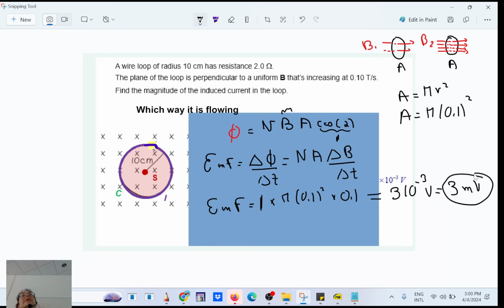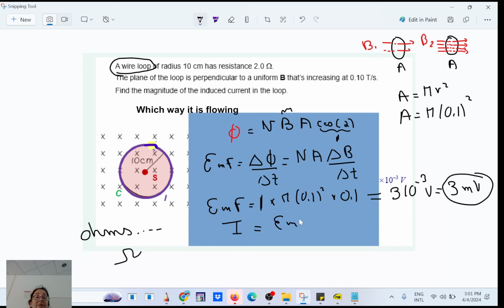Everyone is clear? It's because it's a wire loop. If it was 10 loops, if it was a coil, then you would put N equals 10. So how can we find the induced current? We use Ohm's law.